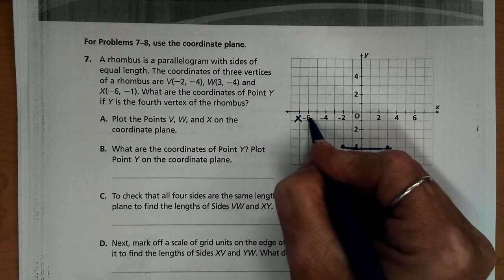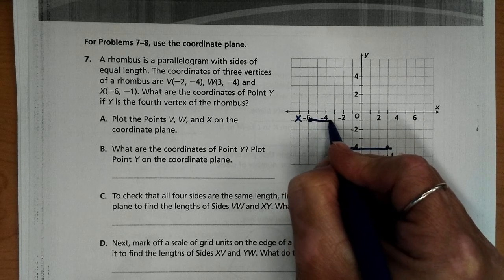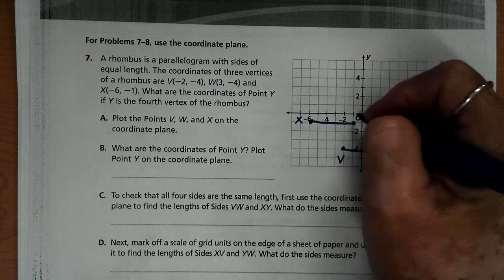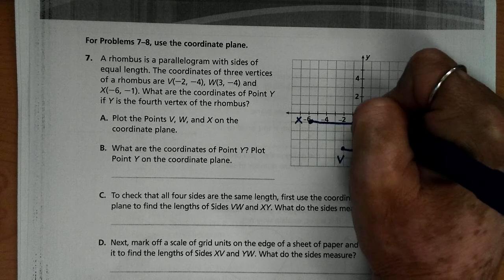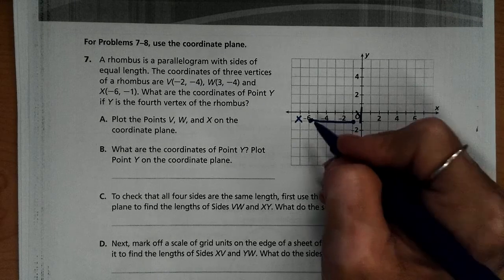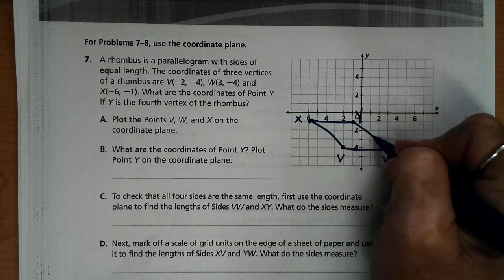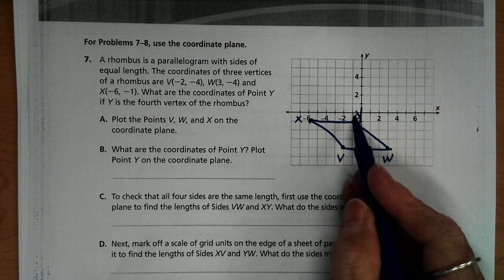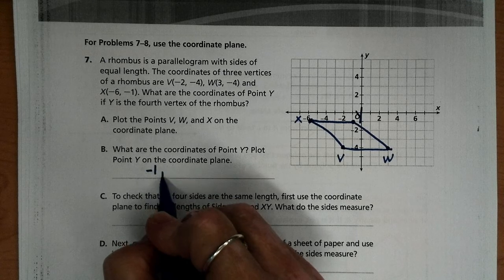So that means I need 5 here. So 1, 2, 3, 4, 5. So that would be my other point here, which is Y. Because if I connect this and this and this and this is what I get. So that point is negative 1, negative 1.